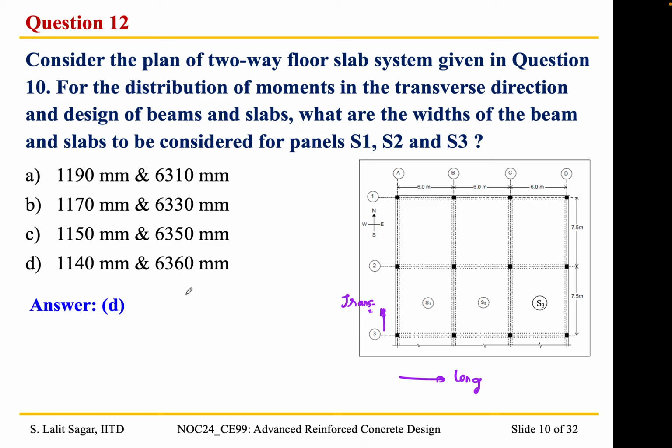So the width of the beam would be BF is equal to BW plus 2 into DW, that is 400.